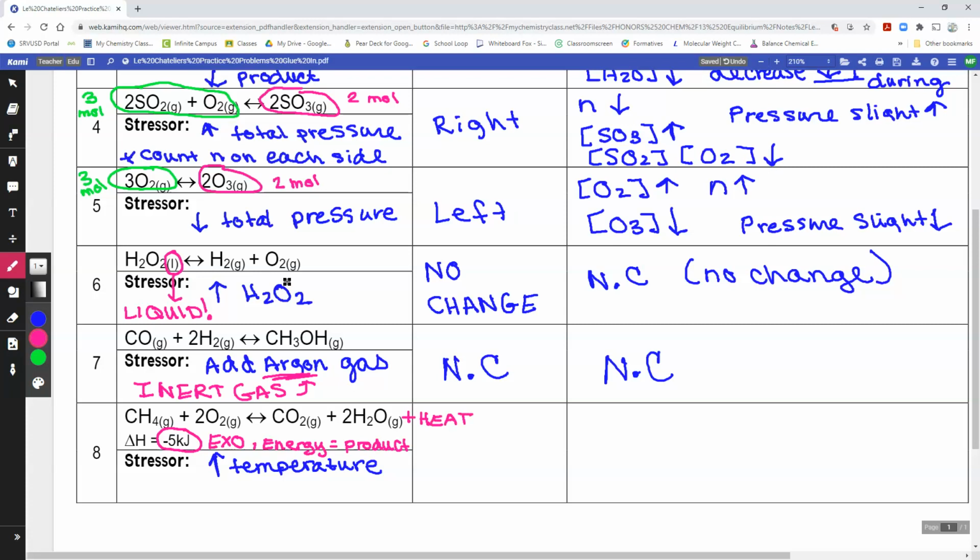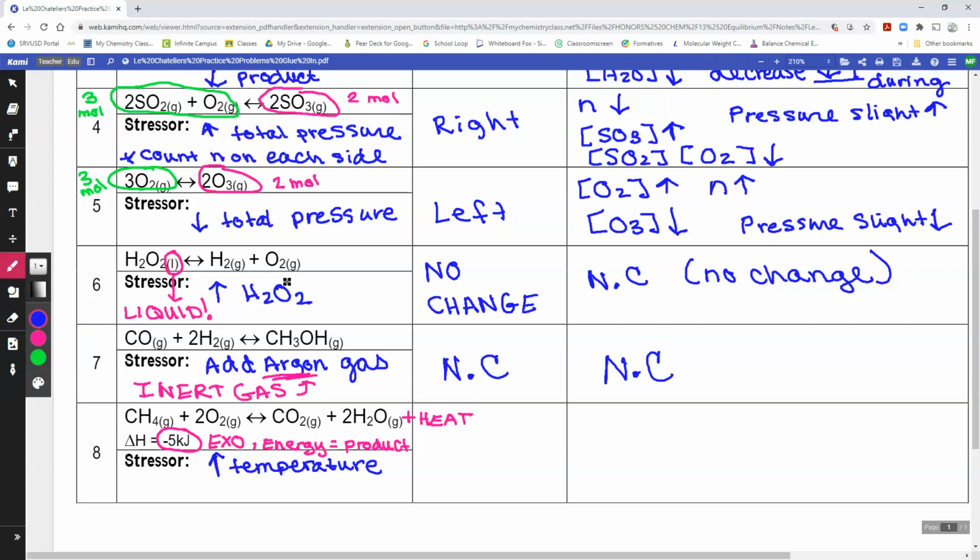So if I raise the temperature, I need to proceed in whichever direction will use up that extra energy. That will help the temperature go back down. So if the energy is over here on the right, I'm going to proceed to the left, right? I'm going to proceed away from it. I'm going to proceed to the left-hand side.